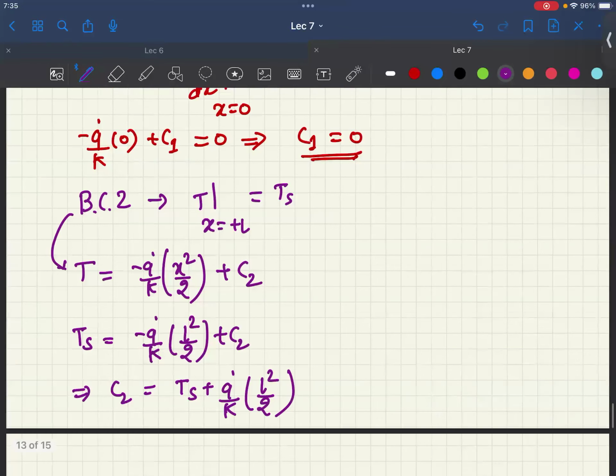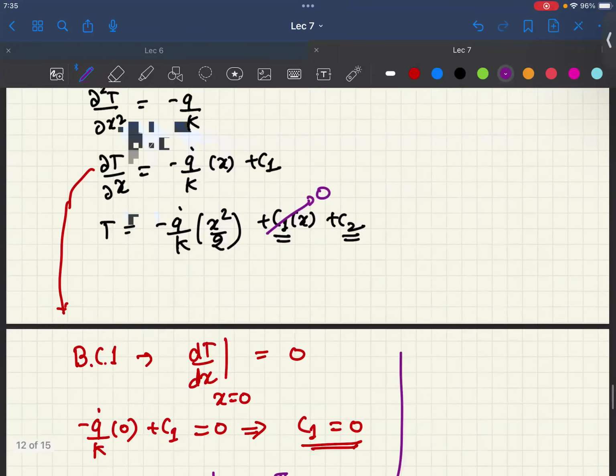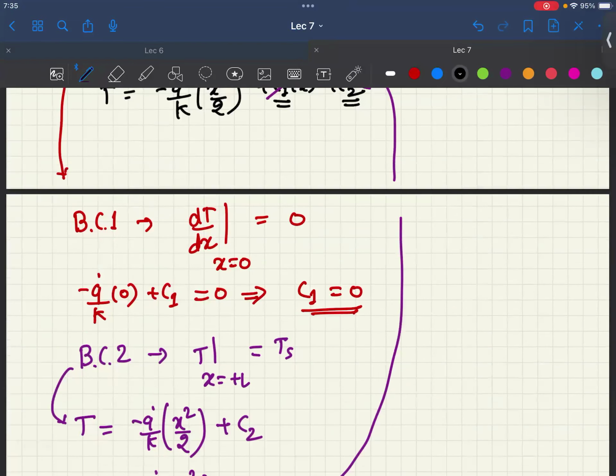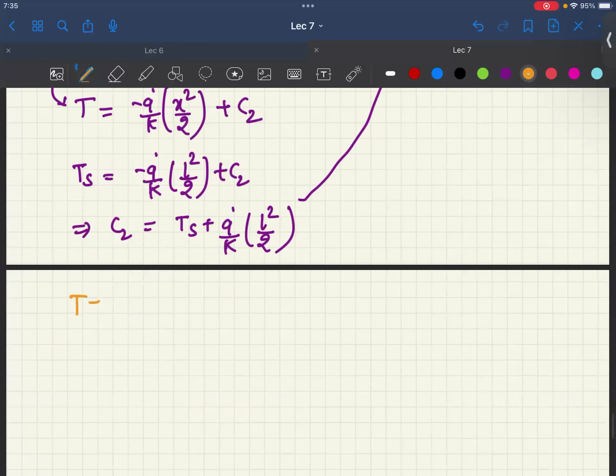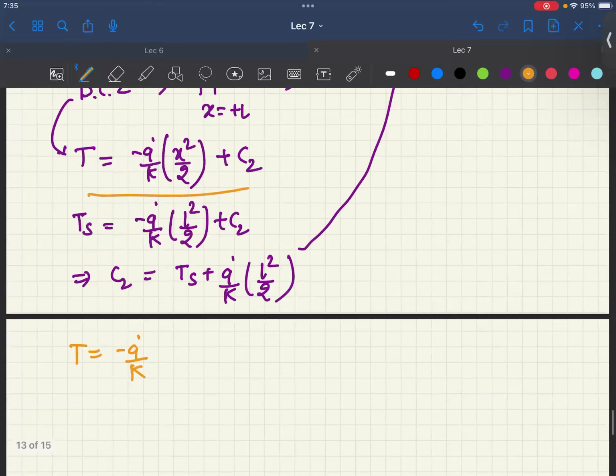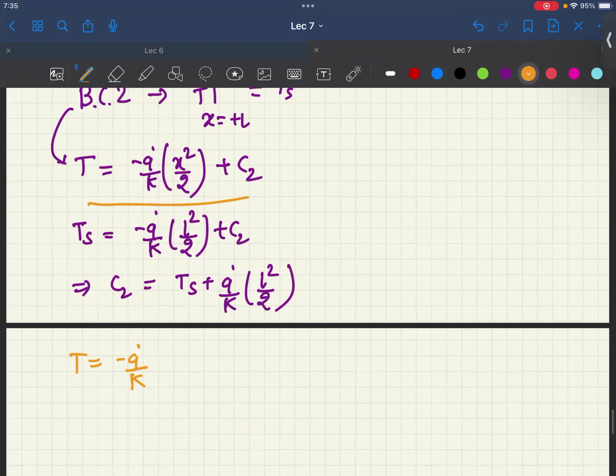Okay. With this value, we put it in this expression, so T is equal to minus q dot by k x square by 2 plus Ts plus q dot by k L square by 2.